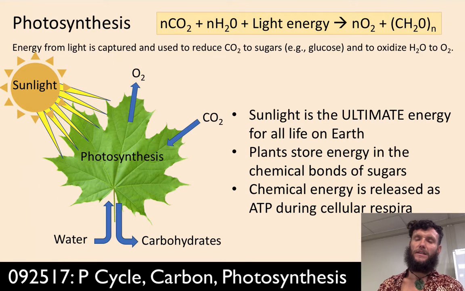It's usually 6 because that is glucose, a carbohydrate. They just go about doing things in this ratio. So n equivalents of carbon dioxide plus n equivalents of water and some light, and you get n equivalents of oxygen and 1 equivalent of an n-length carbon chain.